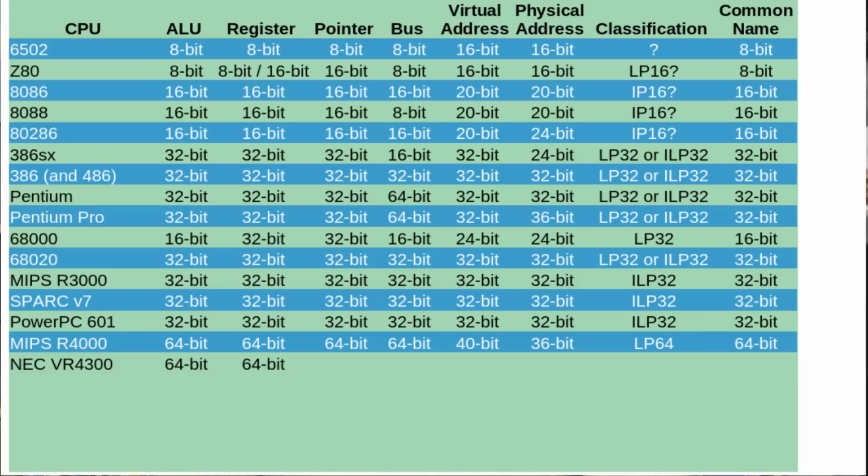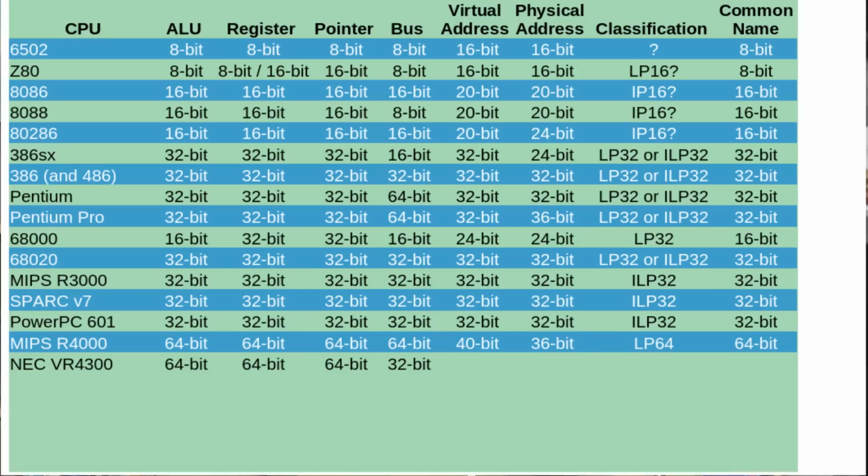You could still use 64-bit types, and presumably the 64-bit ALU would do the 64-bit adds in a single instruction cycle. 64-bit registers, 64-bit pointers, again, unless you're creating binaries for 32-bit mode, in which case the pointers would be 32-bit. 32-bit bus.